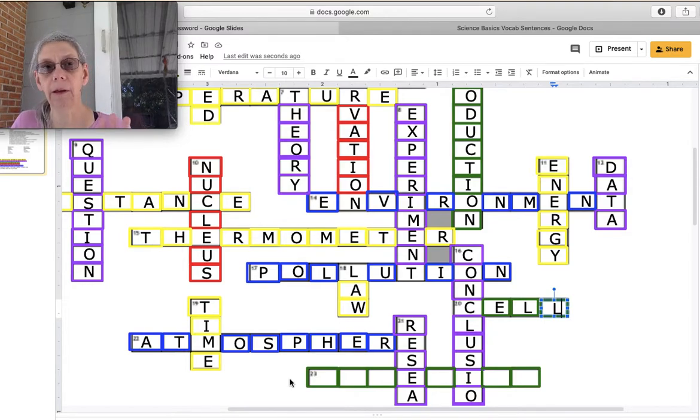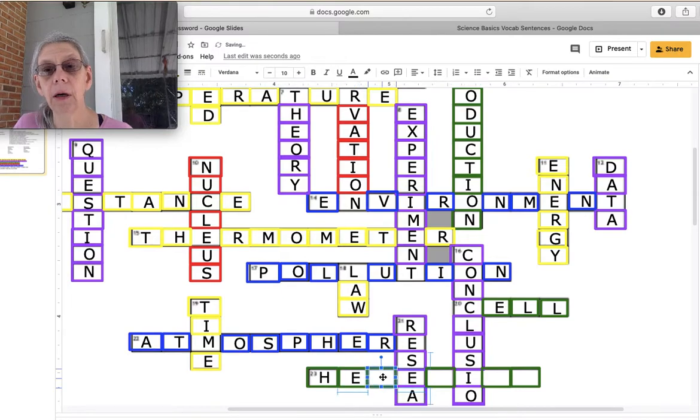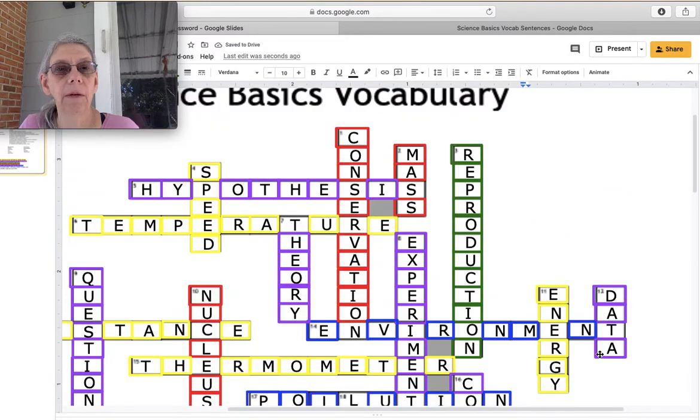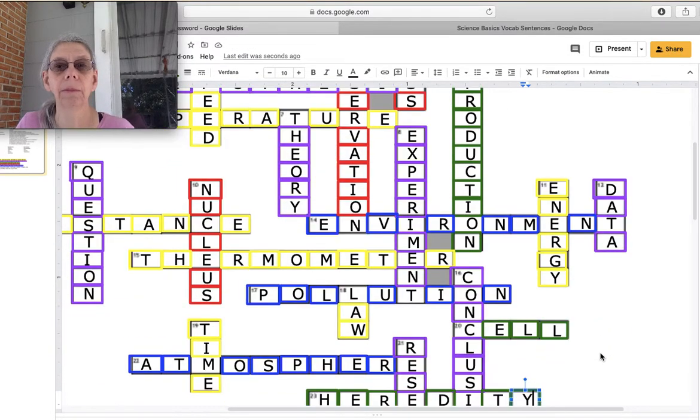We talked about this in some of the extra credit videos over the summer when we looked at my pea plants and Gregor Mendel and his study of his pea plants. He was studying heredity. And there we go. We have a nice, complete crossword puzzle.